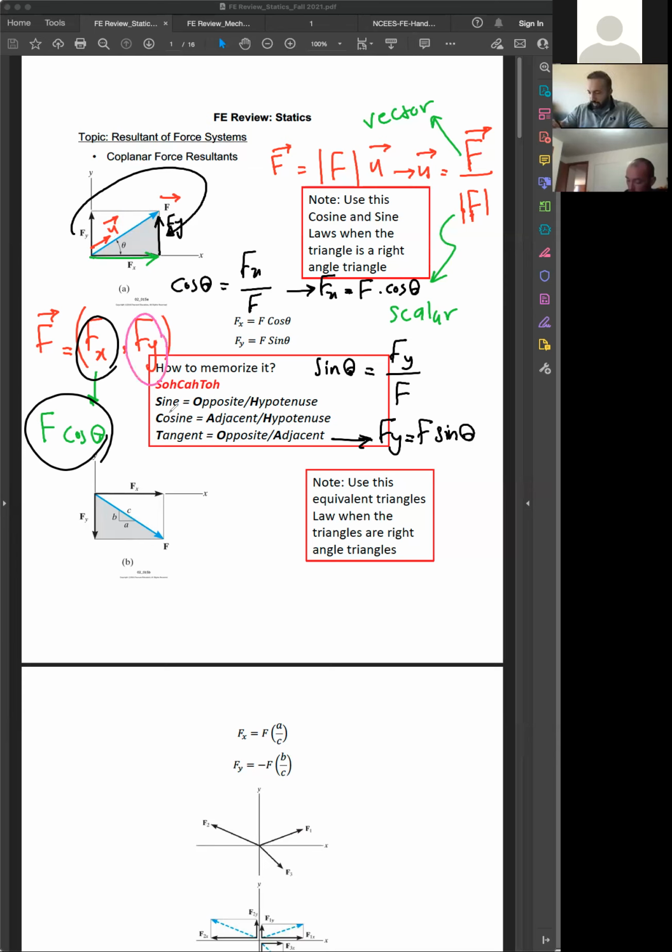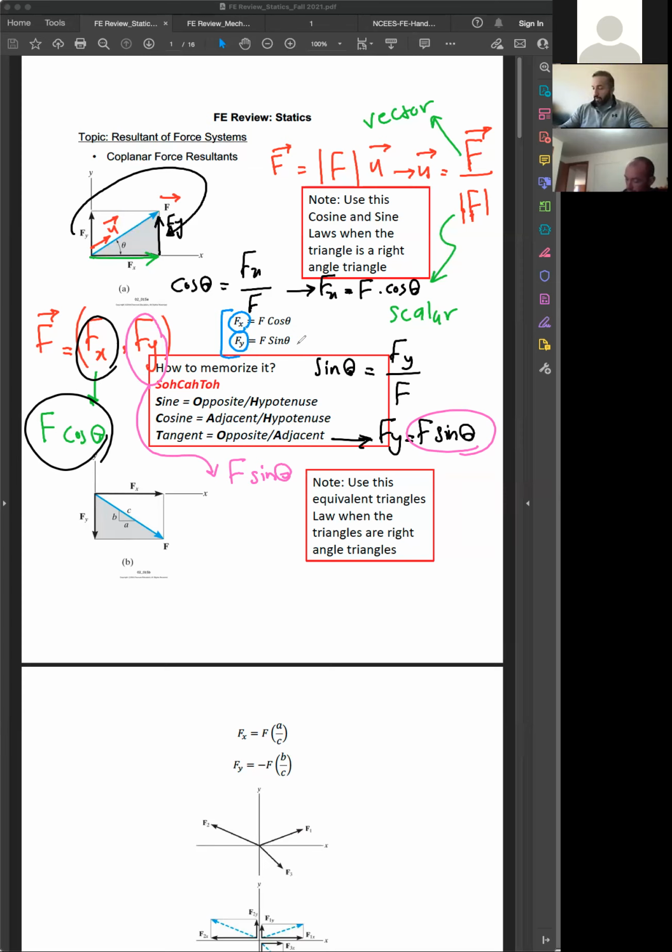This Fy component can be said to be F sine theta. So that's all said. I want you to look at these two here: the x component can be written as F cosine theta, and the y component as F sine theta. That's how we can also define a force vector.